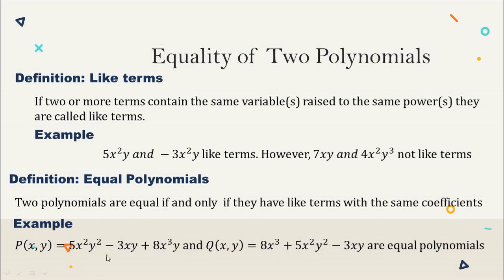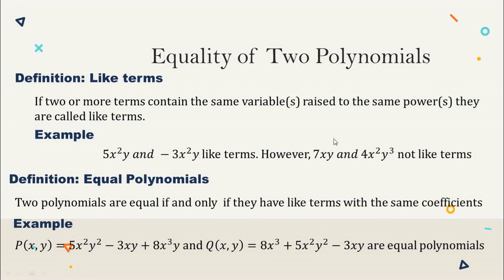Is it okay, miss, if they change the position of the terms? Yes, it doesn't matter. As long as they have the same terms, same coefficients, they will be called equal polynomials. Remember that in K(x,y), I forgot to put the y. Okay, I hope you understand what I'm explaining.